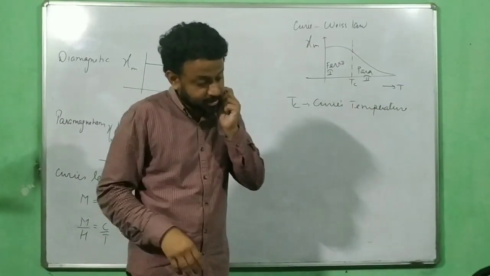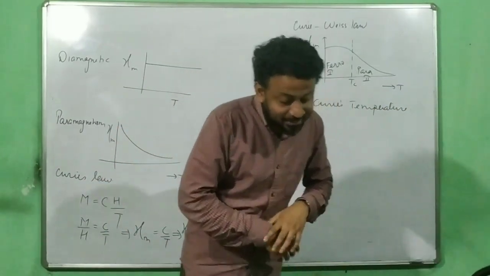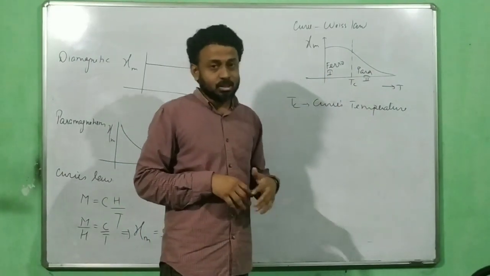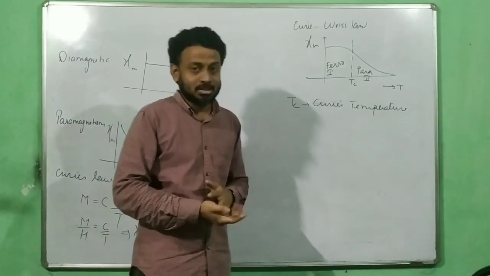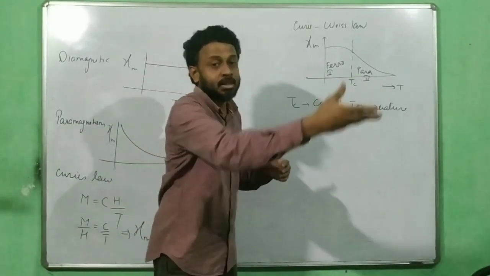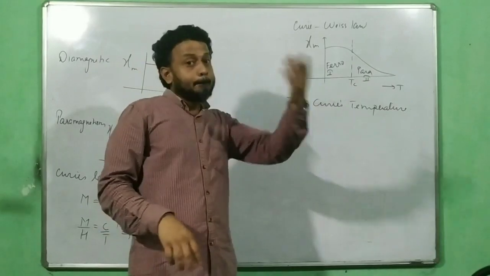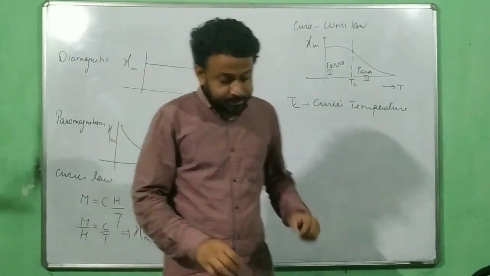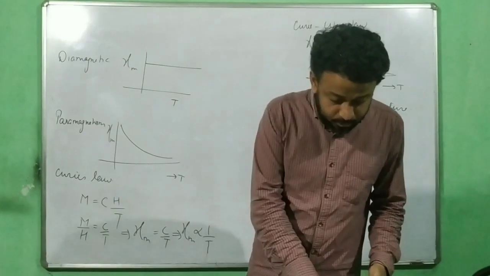For iron it is 770 degrees Celsius. So when you heat it beyond 770 degrees Celsius, the iron becomes paramagnetic. So Curie temperature is that temperature above which the substance behaves as para, and below which it behaves as ferromagnetic. This is what this chapter talks about.